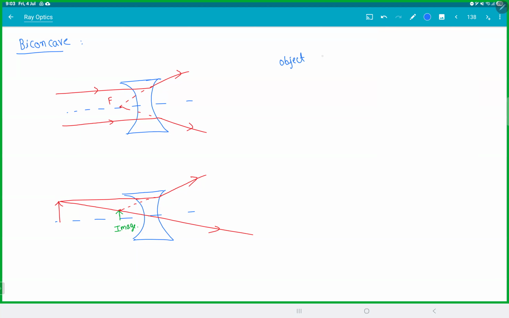So there are only two cases for a biconcave: object at infinity, image at f, virtual, erect, highly diminished.